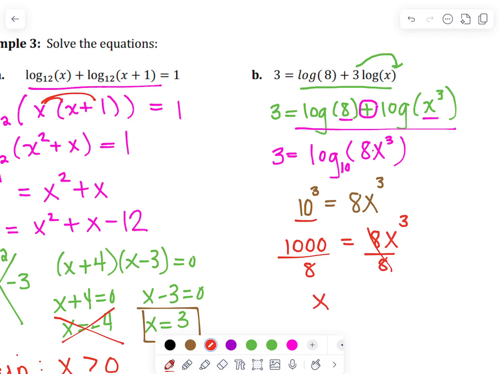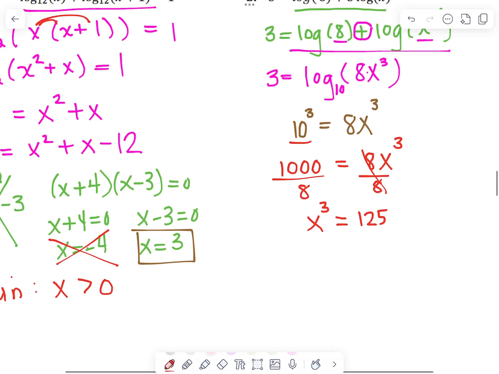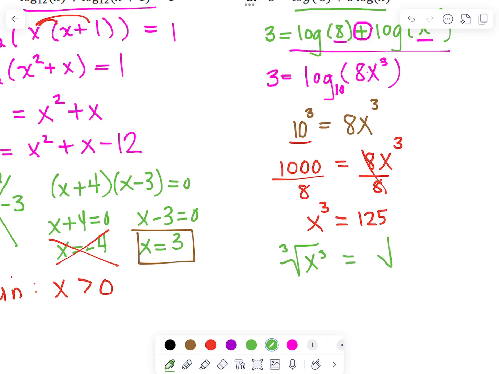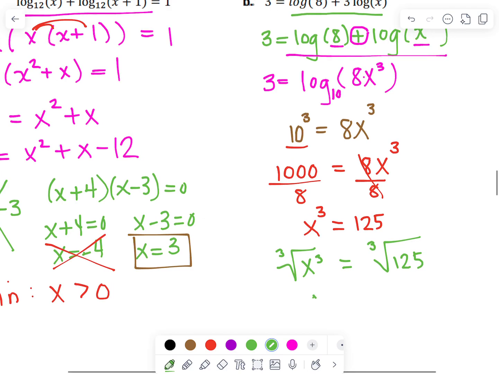And then I'm going to simplify. 1,000 divided by 8 is 125. And then I'm going to undo that cube, so I'm going to cube root both sides. And then we would use our calculator. And we get x to be 5.